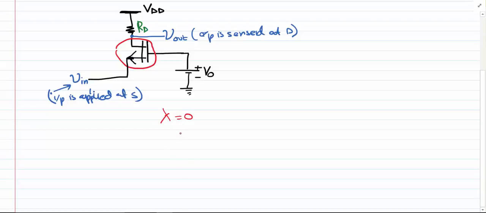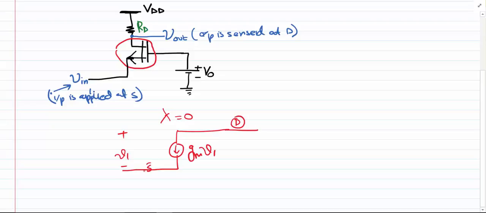So we have gm V1, and then we have this voltage V1. This is our drain terminal, this is our source terminal, and this is our gate.